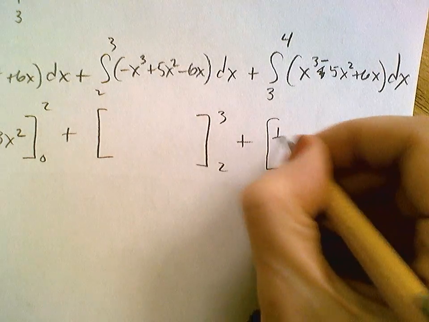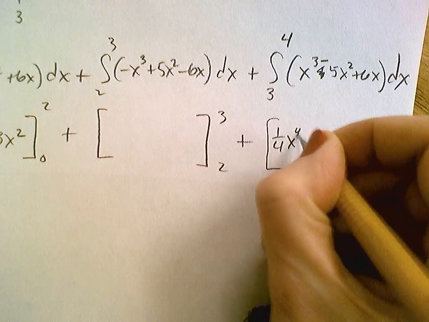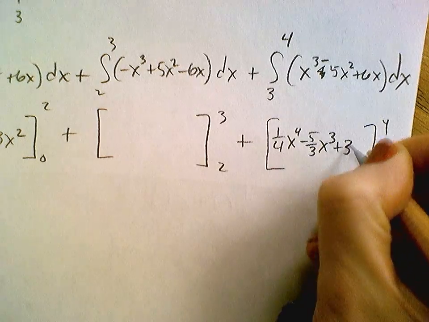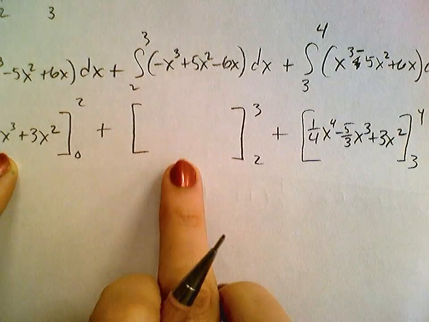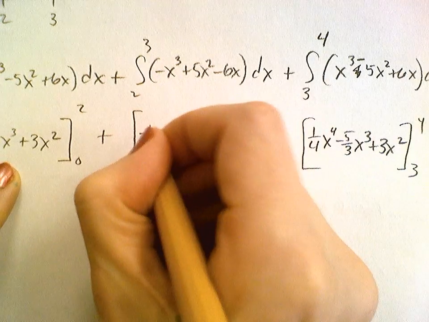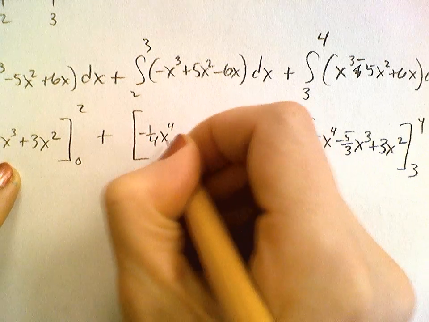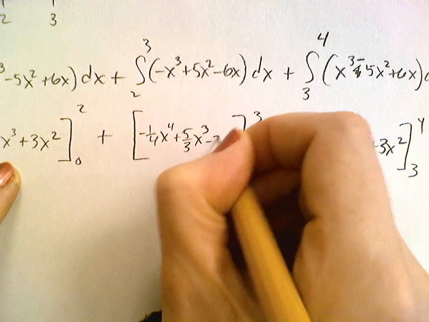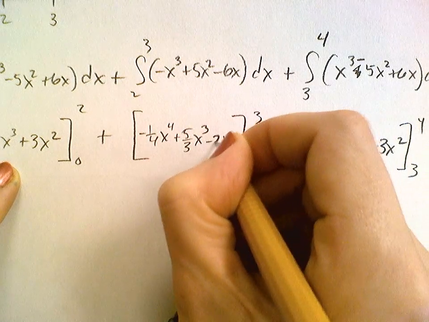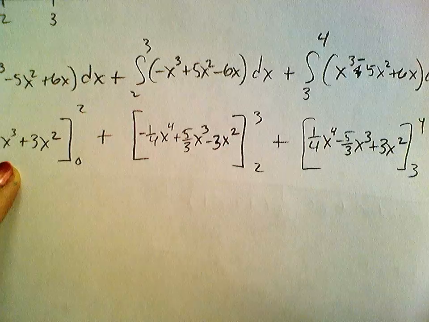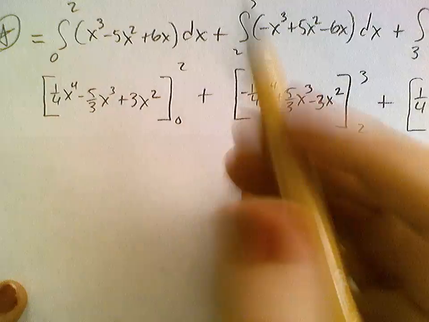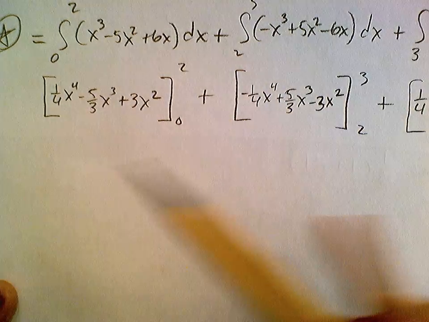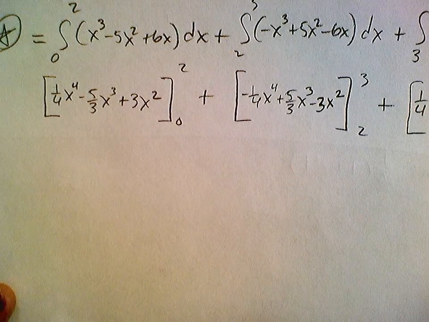So let me just put it in already. And then this one here is just going to have different signs. Then you'd plug in 2 and then subtract what you get when you plug in 0.